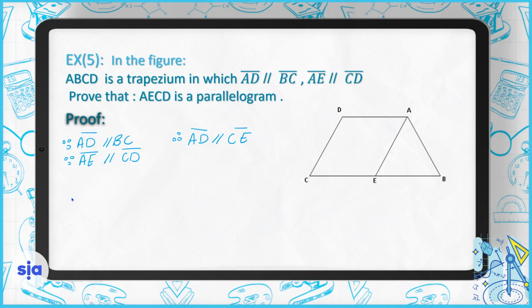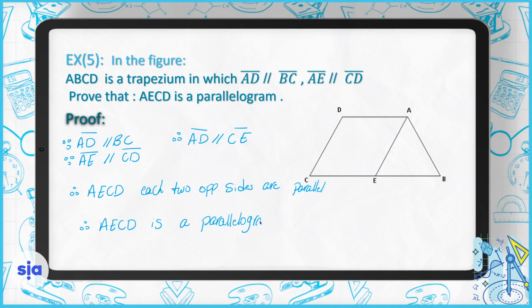So we can see from here that in AECD, each two opposite sides are parallel. Therefore, AECD is a parallelogram.